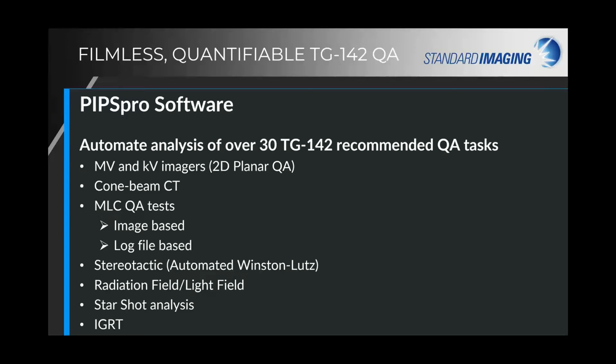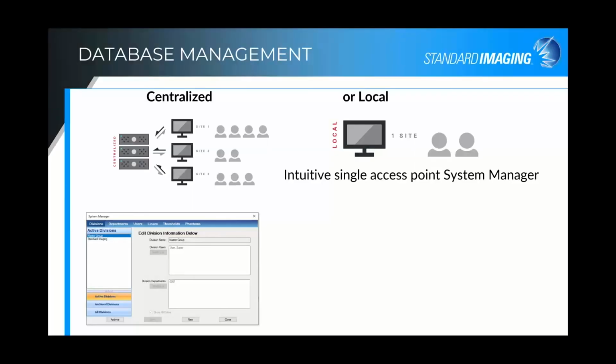So kind of jumping ahead a little bit now to the software. The nice thing about it, we've got centralized or local capabilities for the database management. It's a single access point system manager, and I'll kind of touch on that as well.